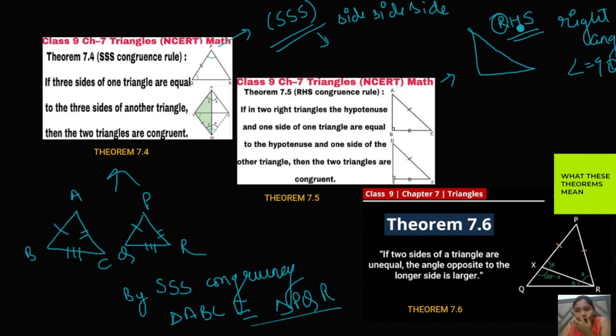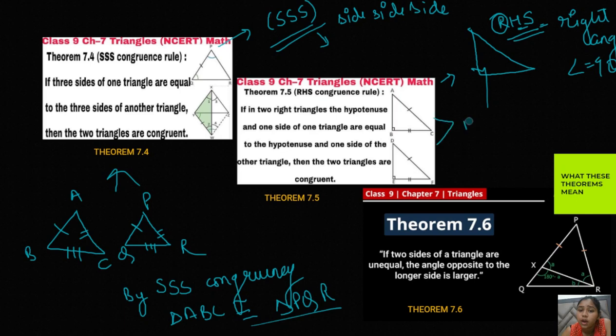Then the hypotenuse must be equal, and any one of the other sides, either the base or the perpendicular, must be equal. Then only by RHS congruency are two triangles considered to be equal. So these are the two triangles ABC and DEF. In that case, the bases of both the triangles are equal, the hypotenuses are equal, and angle E and angle B are 90.